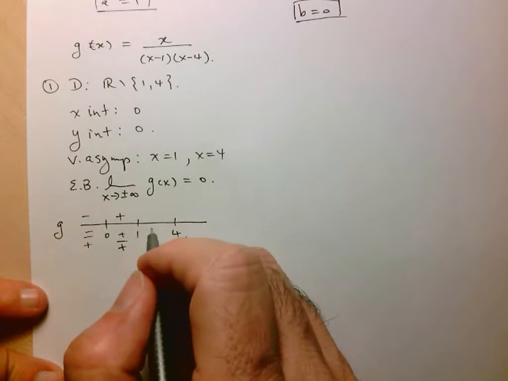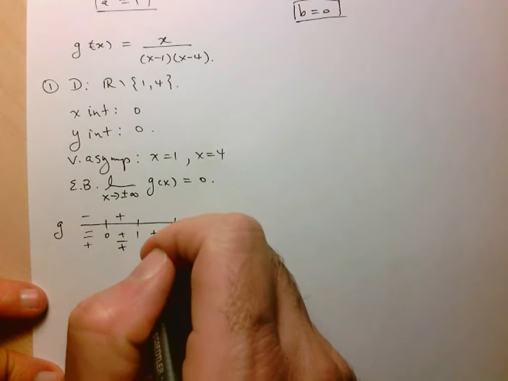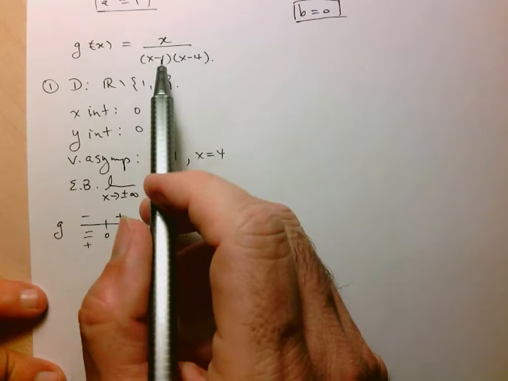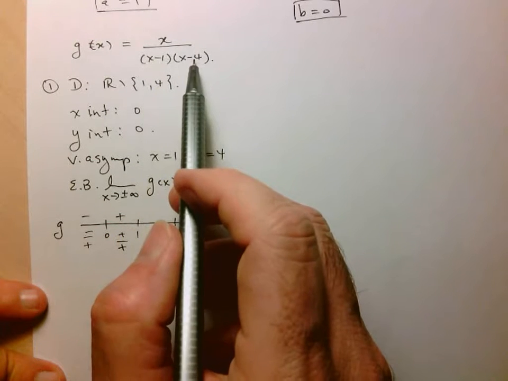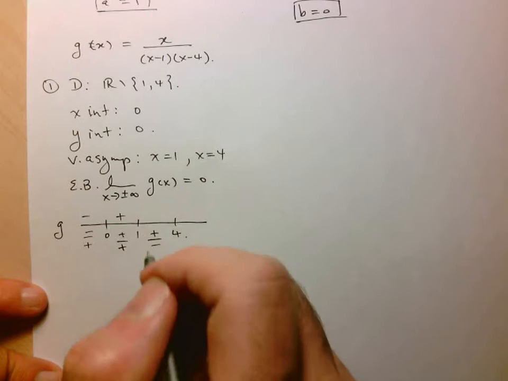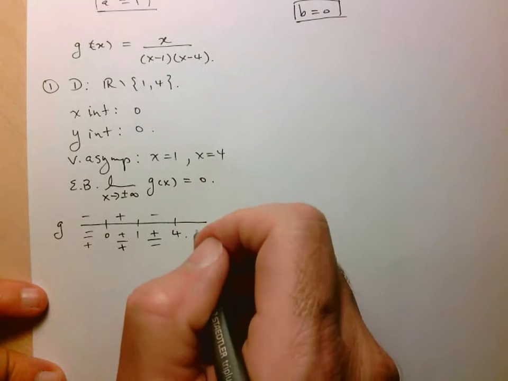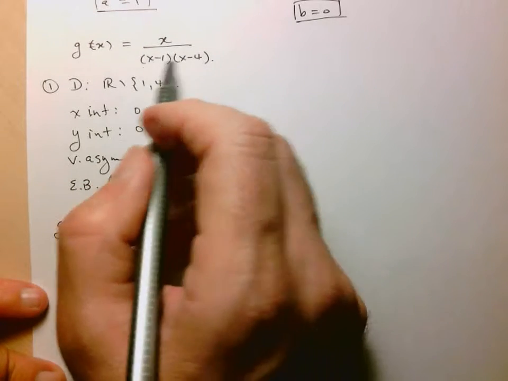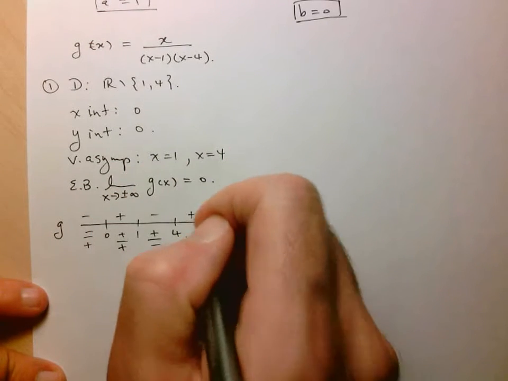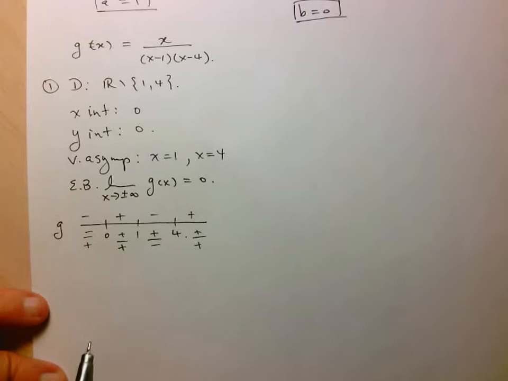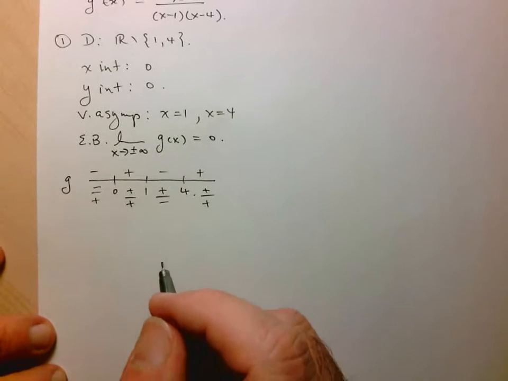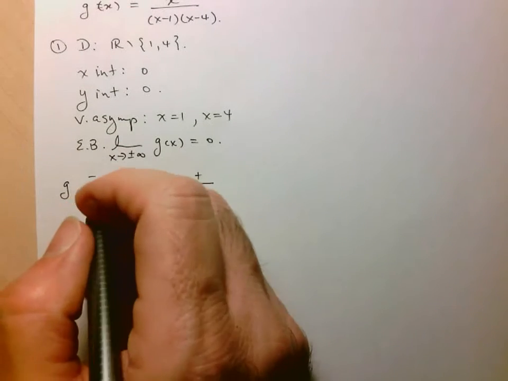Let's pick x equals 2, so numerator's positive, and here we have this one's positive, that one's going to be negative. Okay, so end result is negative, and let's put x equals 5, numerator positive, and everything in the denominator is positive, so there we go. Okay, so that's all the information we can get from the original function.